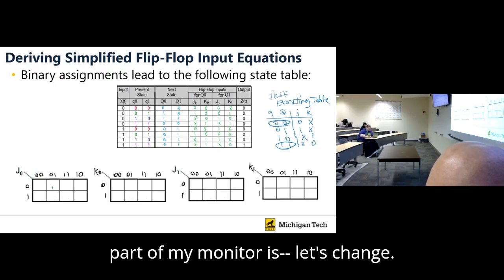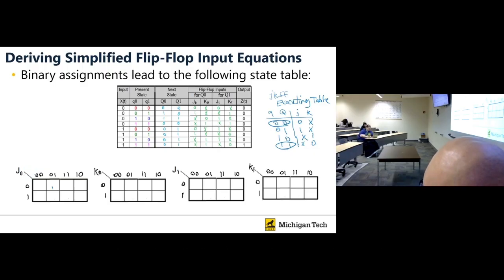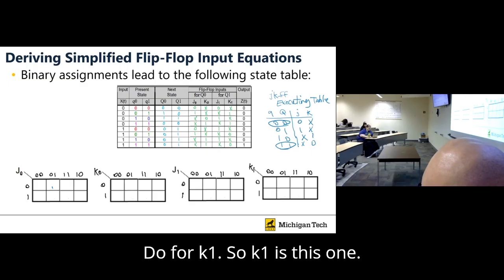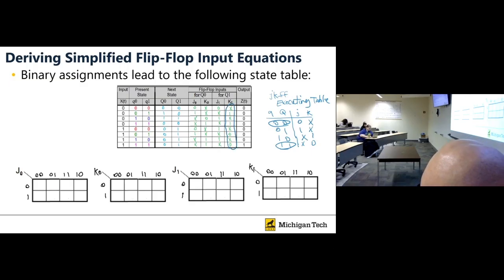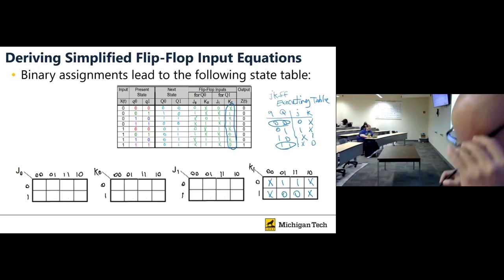This part of my monitor is strange. So K1 is this one: 1, X1, X1, 0, okay, X0, X0. Am I right?